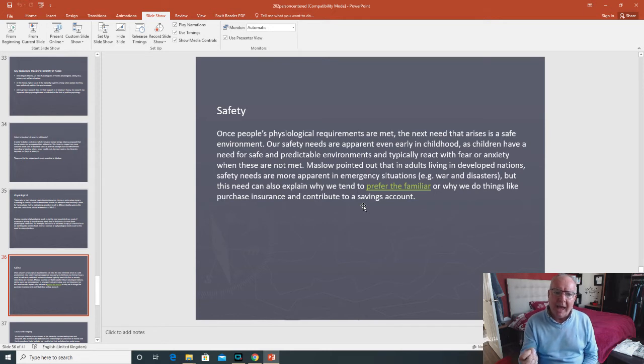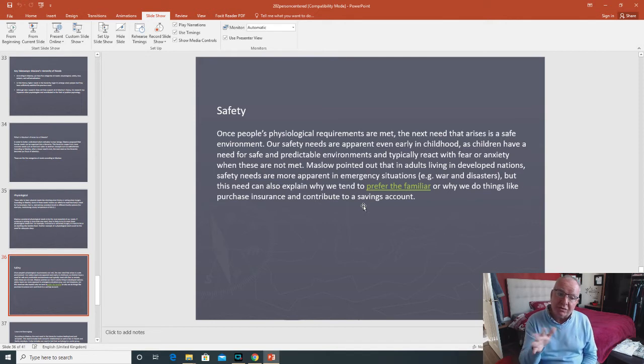So we have this basic safety need that can come in the guise of the id, and to protect us from maybe predators, people out there who will attack us, maybe to protect us from viruses and such.